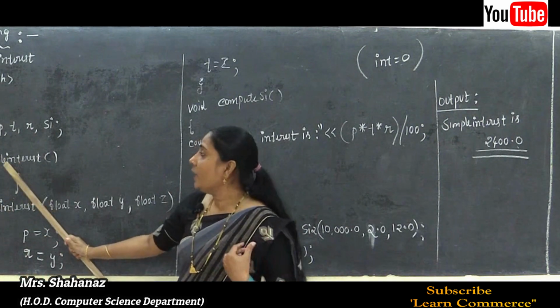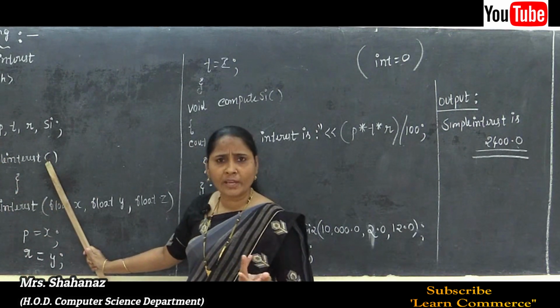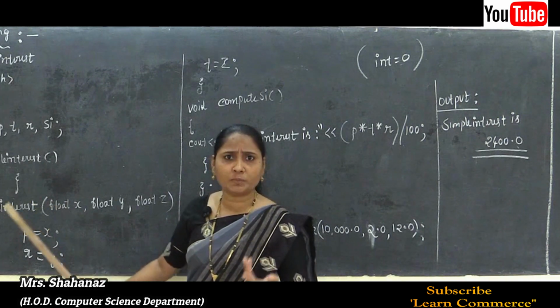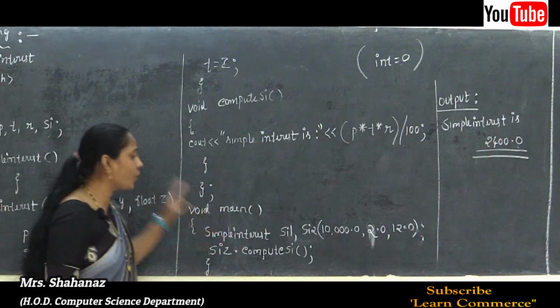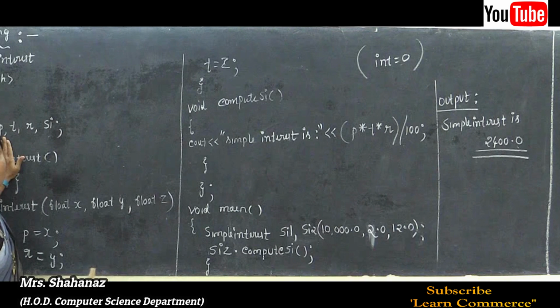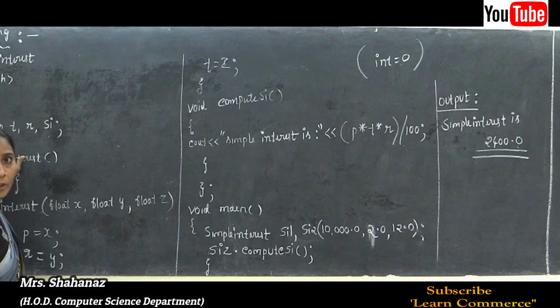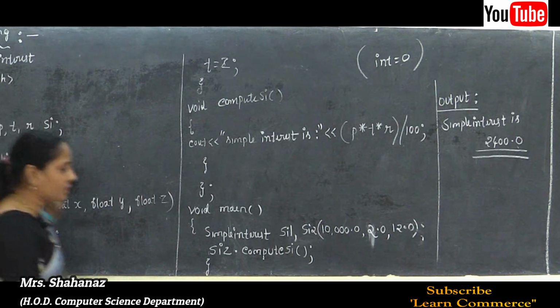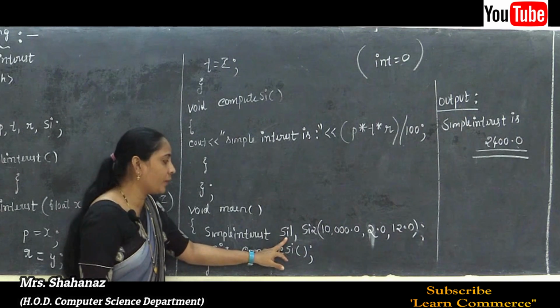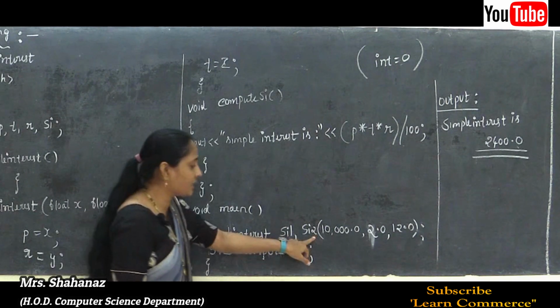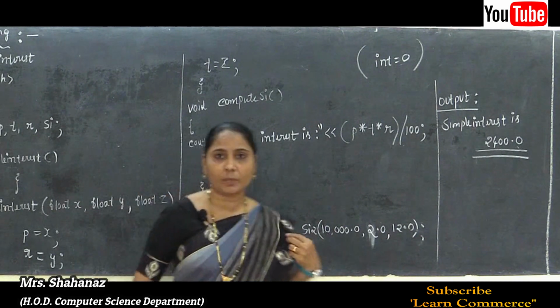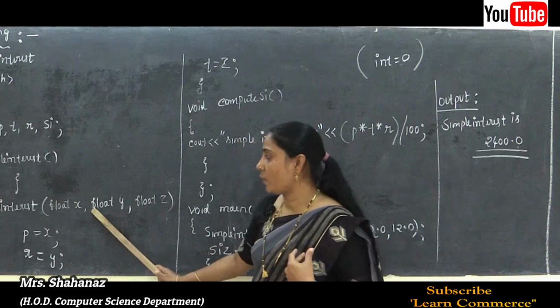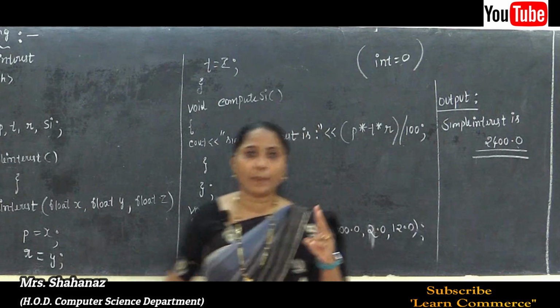Clear this point here. In SI1 you can access any object, any tag here, but also for our first special member function, no argument was passed. So just because of this reason, I am going to declare SI1. And the second, why? Because in the second special member function I passed three arguments here.